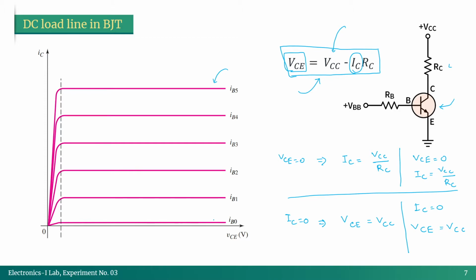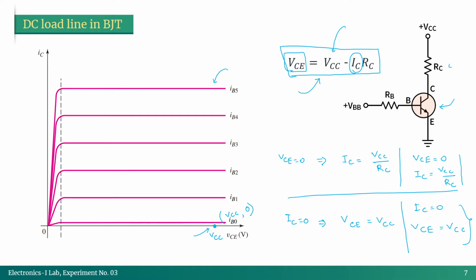So let's take VCC here arbitrarily. So this is VCC, a value of VCE. If I want to plot this particular point here, IC is equal to 0, VCE is equal to VCC. So this one is that point, right? Because at this point our VCE value is VCC and the Y value, or IC value, is 0. And the second point should be this one.